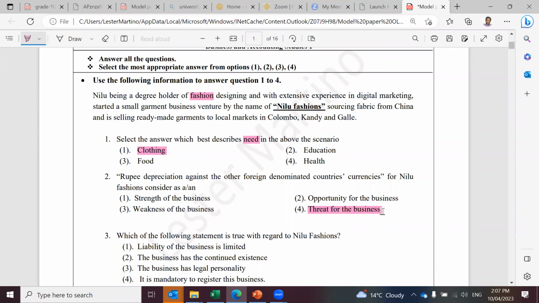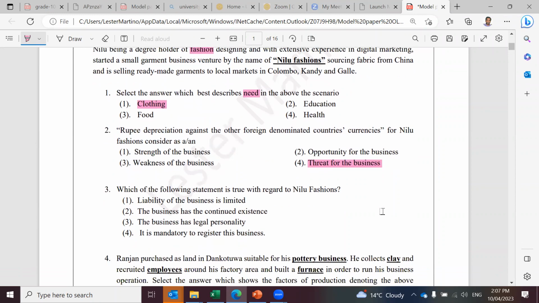Then it's a kind of weakness. That's within the business. Outside the business, any favorable outcome that happens is an opportunity. If something happens which triggers the organization into a problematic situation or negative things, it's a threat. So here this is considered as a threat.